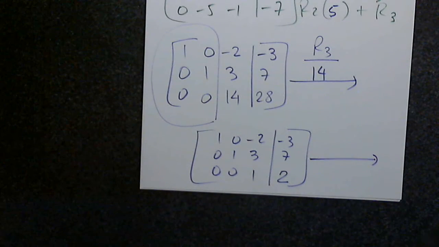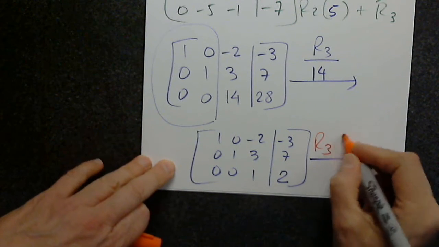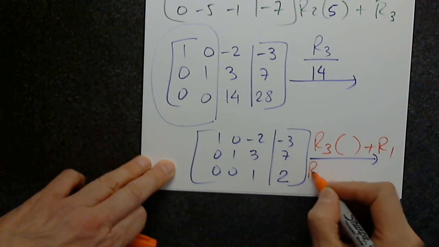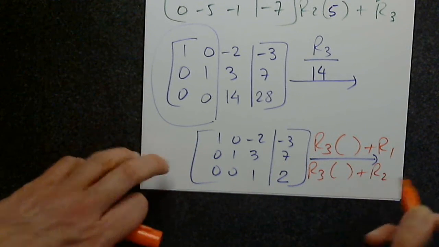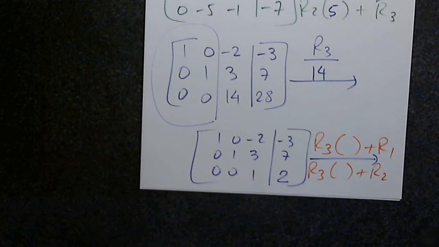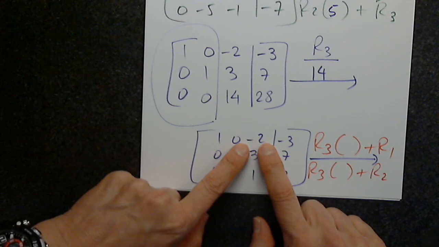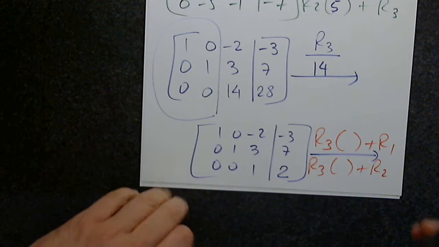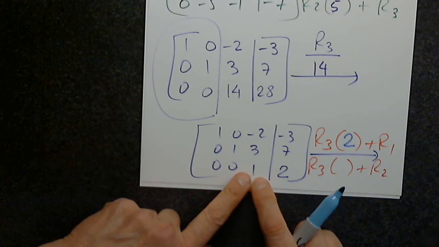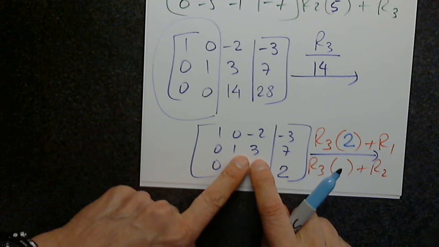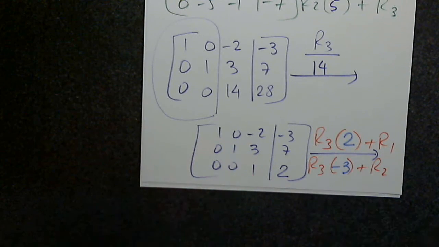In the final step, which row do I have to use? Row 3. Multiply to add to row 1. Row 3 multiply to add to row 2. Okay. So I need to multiply 1 by something to eliminate -2. 2 indeed. I need to multiply 1 by something to eliminate 3. That's it.